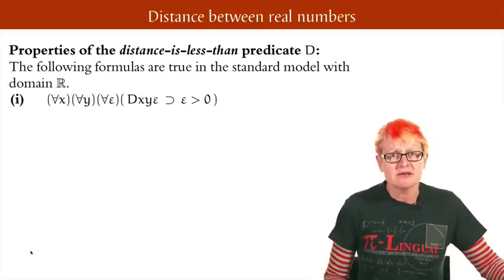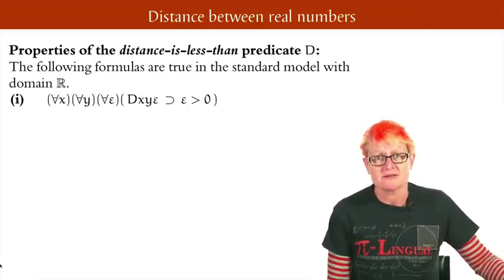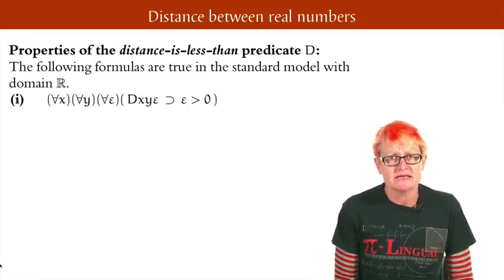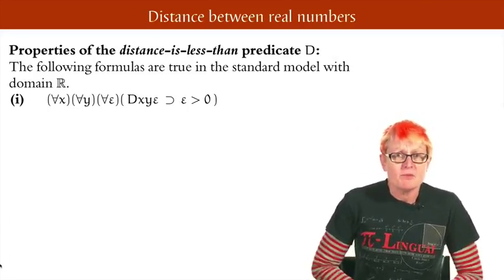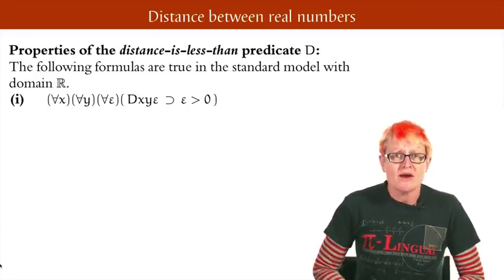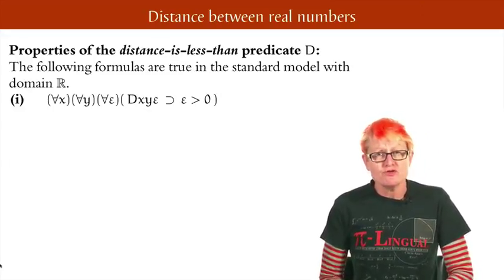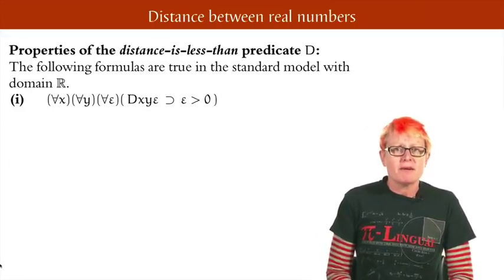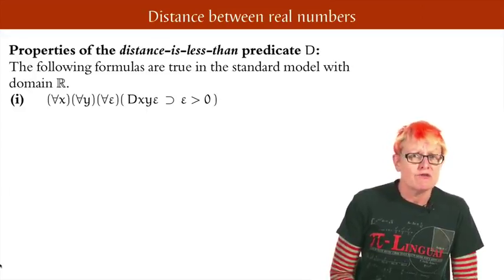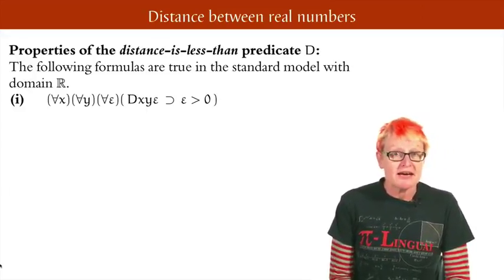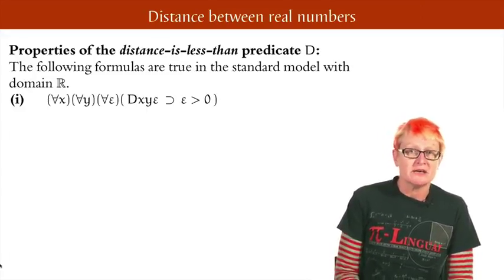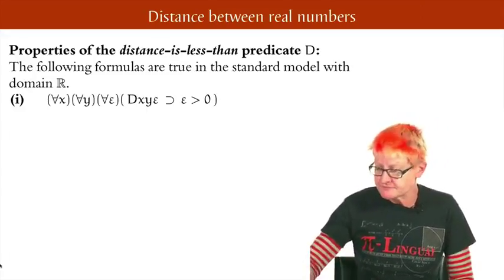Now, we can start building up a list of properties of the three-place distance predicate expressed as formulas of predicate logic. To begin, formula Roman 1 expresses that whenever d(x, y, epsilon) is true, then we in fact must have epsilon greater than 0, because the actual distance between x and y is always a number 0 or greater.